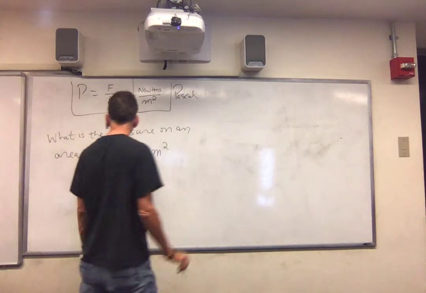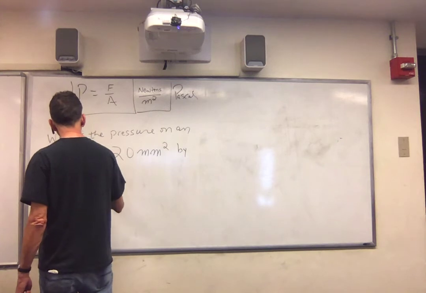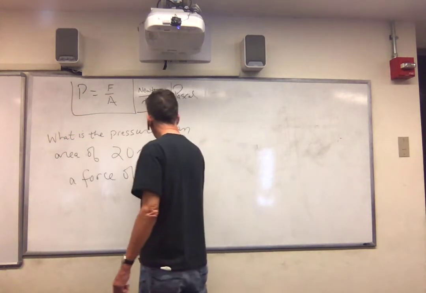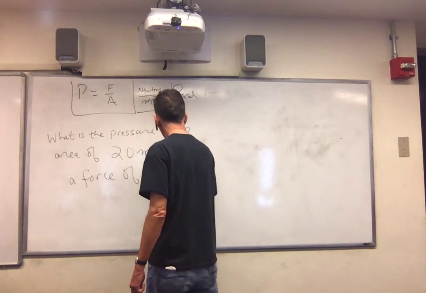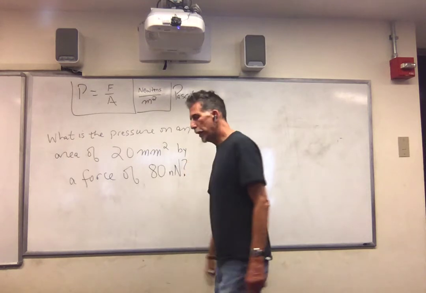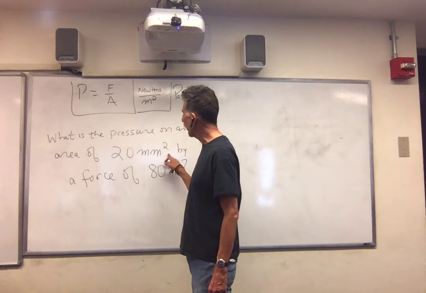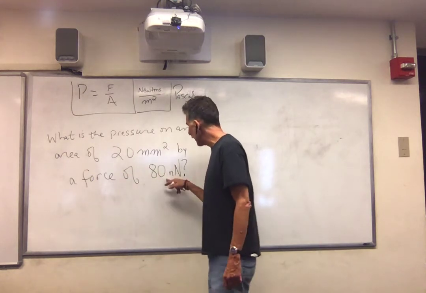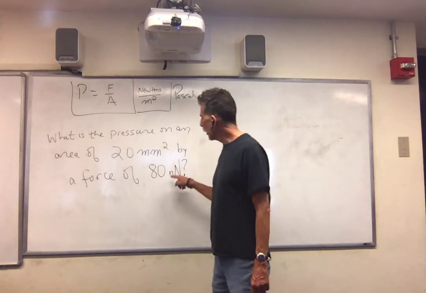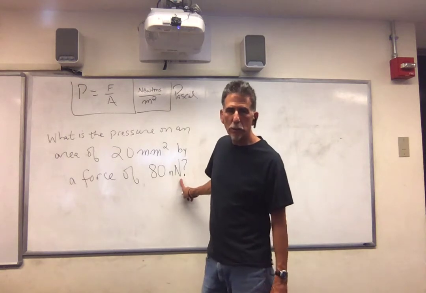What is the pressure on an area of 20 millimeters squared by a force of, okay, I'll make this up, 80 nN? All right. So what is the pressure on an area of 20 millimeters squared by a force of 80 nN? Now, what is n? Okay. Little n is nano. Capital N is newtons.